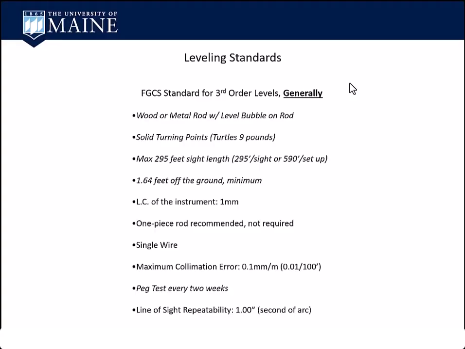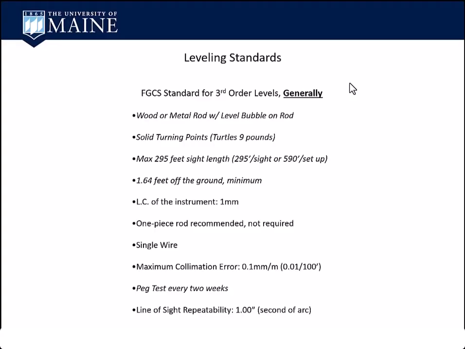We didn't keep track of the temperature, the relative humidity, or something like that. As you get into second orders, firsts, and things like that, that's part of the information you have to collect. But for highway work, topos, things like that, at a small scale, this would allow me to sleep at night, warm fuzzy feeling, and it yielded good results. We never had any trouble if we followed these rules.